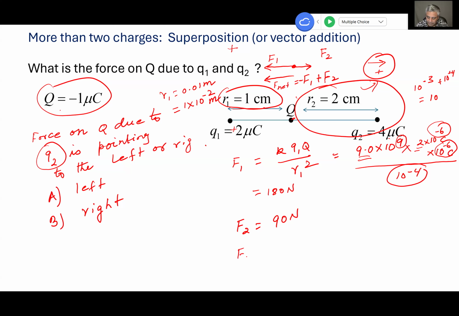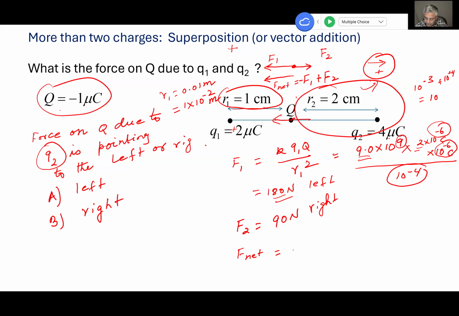So that means F net is going to be, this one 180 Newton to the left, and this is 90 Newton to the right, right?